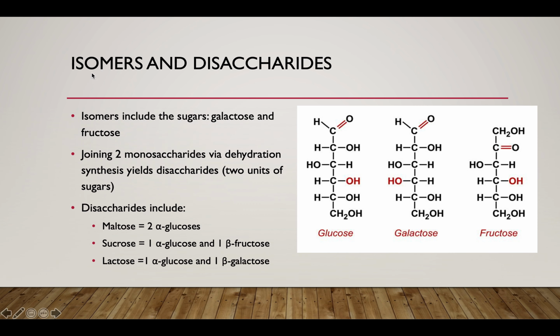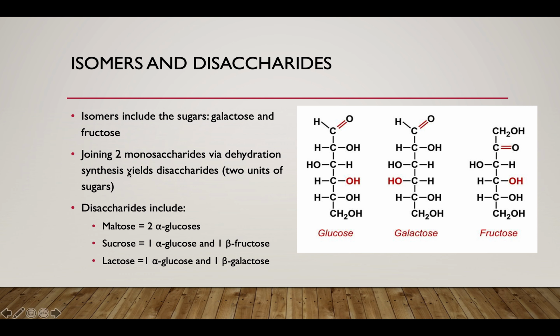Other isomers of glucose are two sugars called galactose and fructose. So here are their models right here, as you can see. And it's worth noting that galactose and fructose both also have cyclic forms that have alpha and beta. And they're both monosaccharides also.